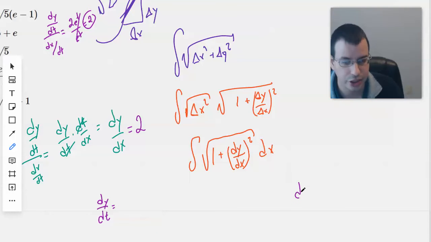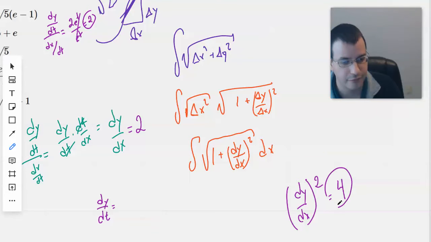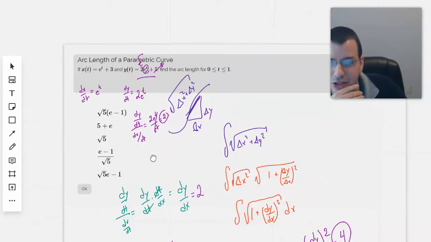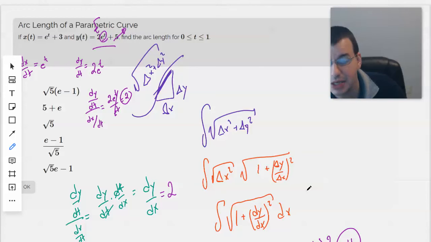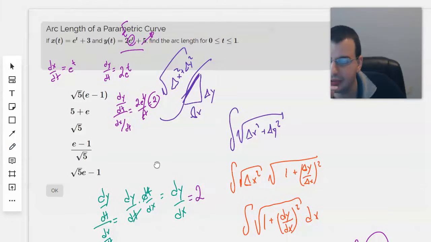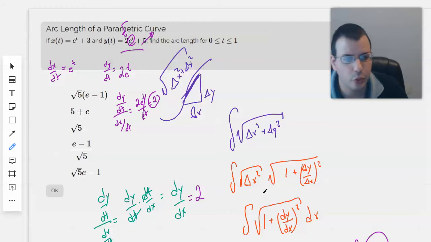And dy dx squared equals 4. Seems like this is coming together a lot easier than I would have expected. Maybe. We'll see. We'll write things out and see what happens.